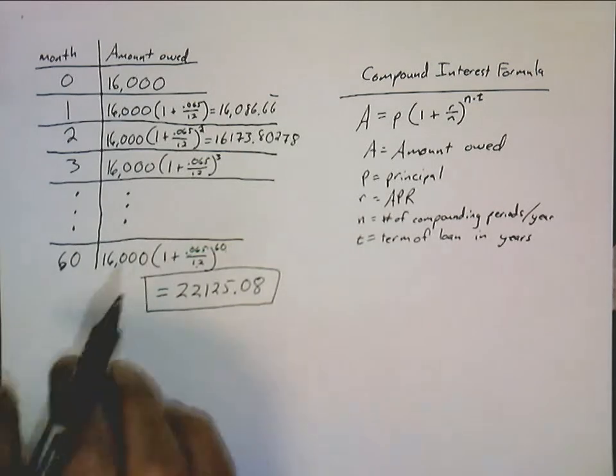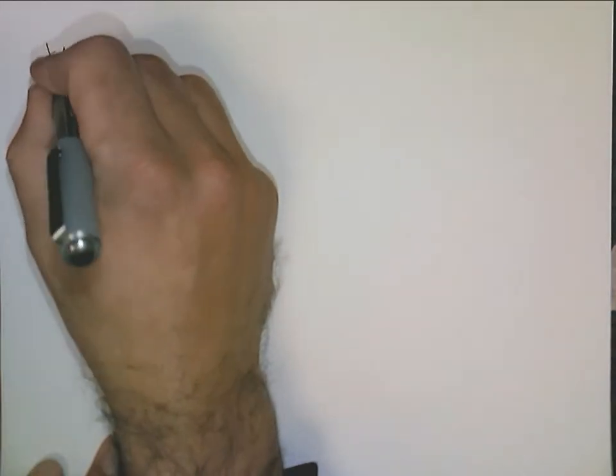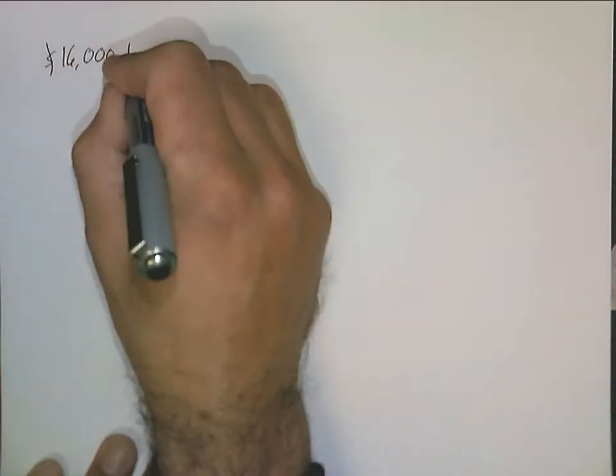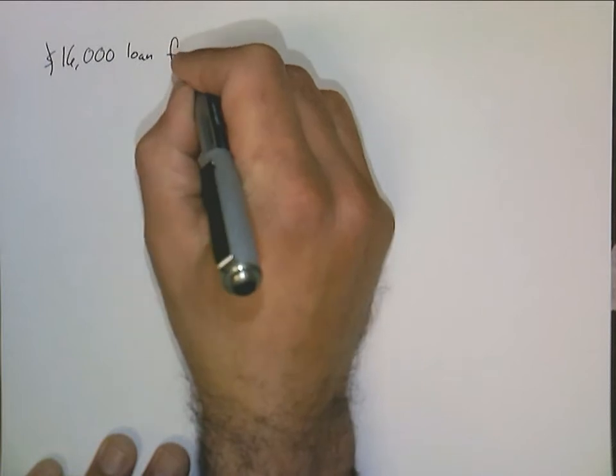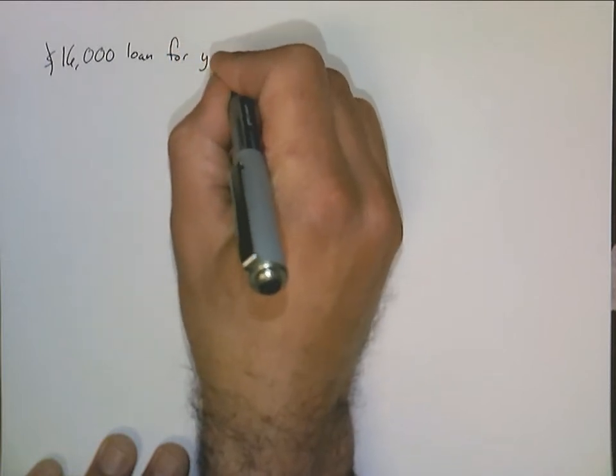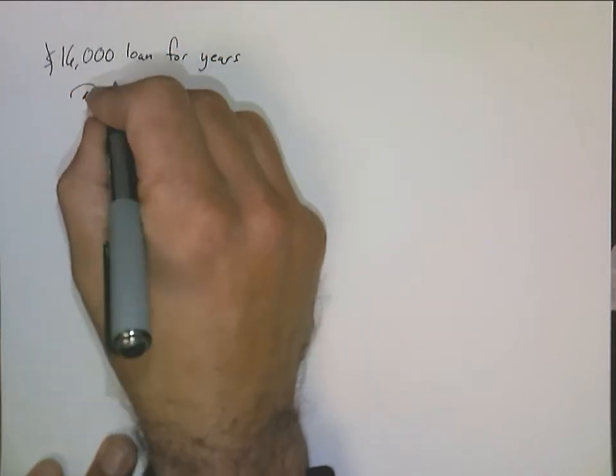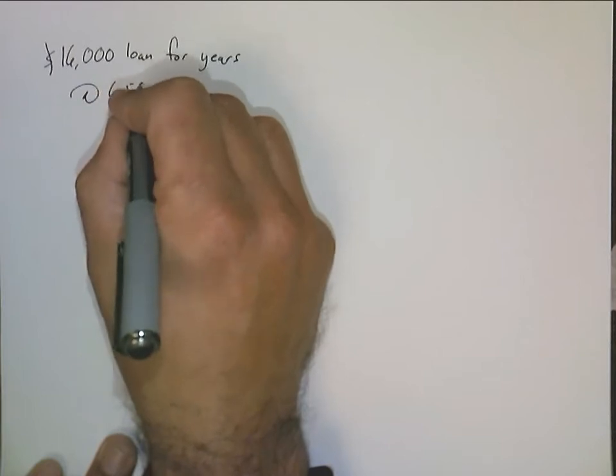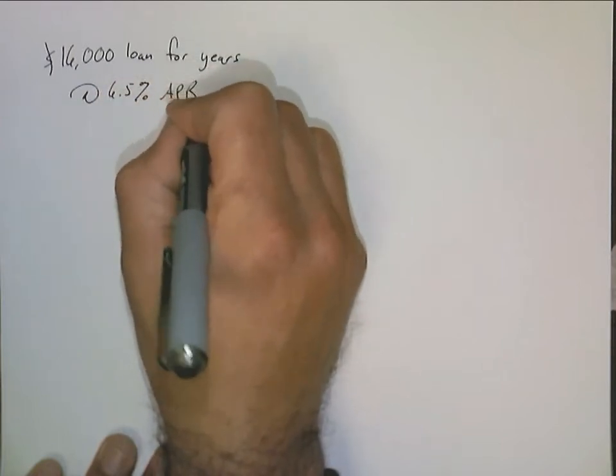So let's compare these amounts again. We had a $16,000 loan, paid back over 5 years at 6.5% APR.